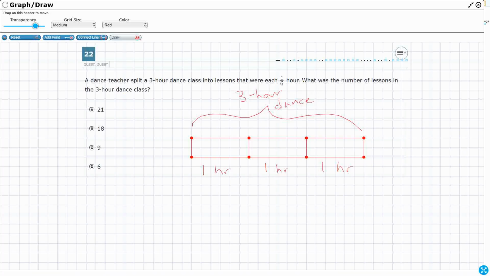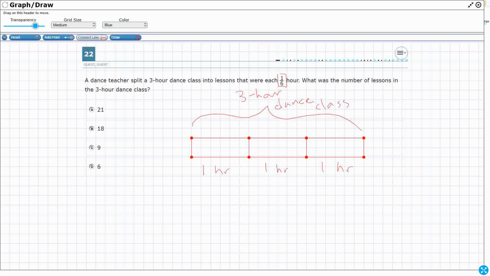Now within each of these sessions, we've got 1/6 of an hour lessons. So within that hour, I need to break it up into sixths. And as I was drawing, I made sure that I was including 6 different columns, so I can easily do this.